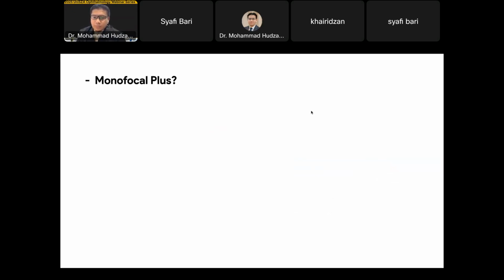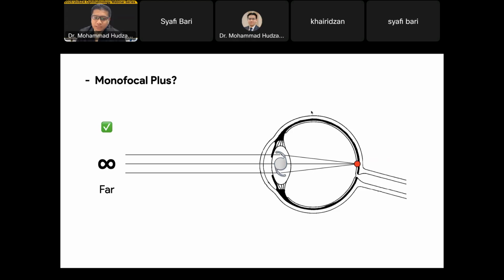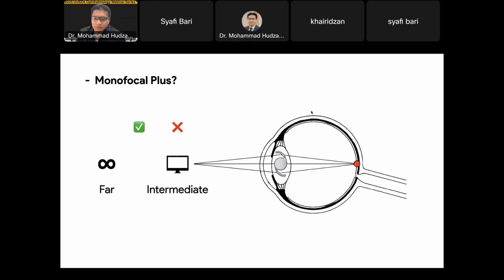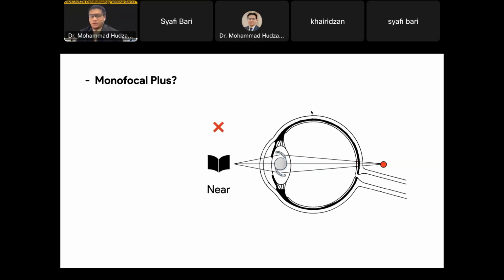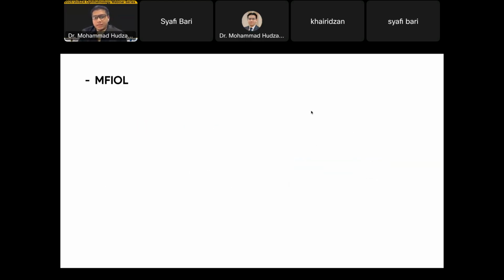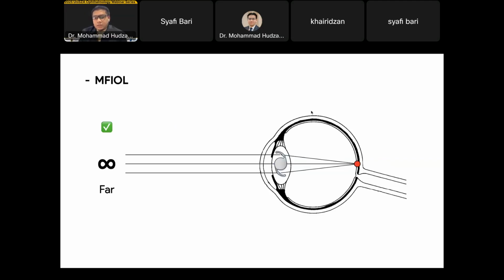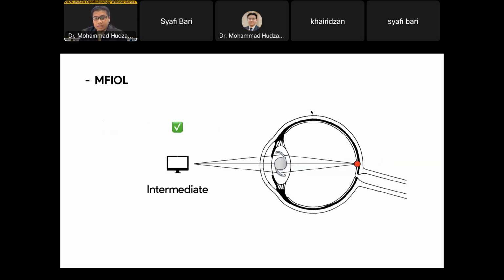How about monofocal plus? You will have good vision at far, somewhat better vision between far and intermediate, and then poor intermediate and poor near vision. And in the case of multifocal IOLs, you will have clear vision at far, at intermediate, and at near.